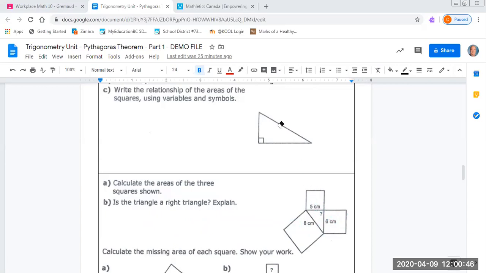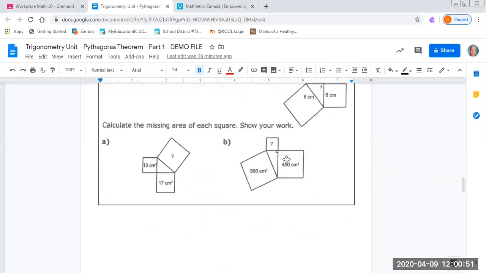And let's take a look at the next concept in this whole series of steps. So looking here now, if we had to calculate the missing areas of each square, how would we do that? So let's take a look at this. So once again, the right angle in this case is right here. So this is the hypotenuse. This is the largest side. So what we need to do is take these two squares, one of which is 10 centimeters squared and the other is 17 centimeters squared.